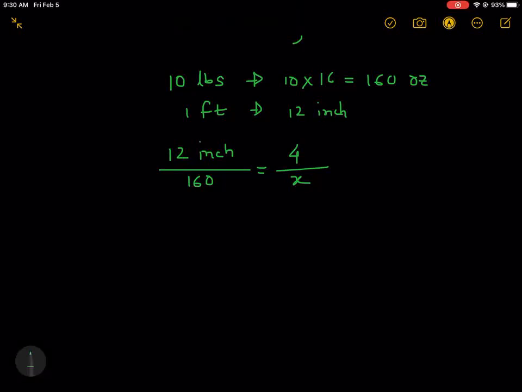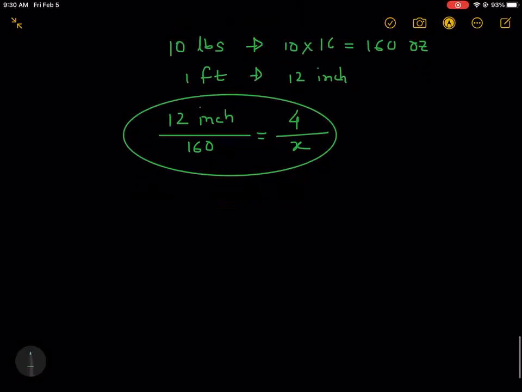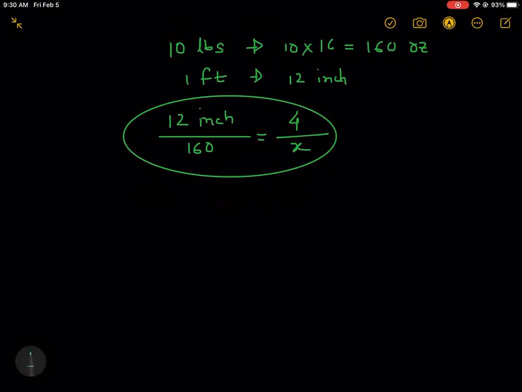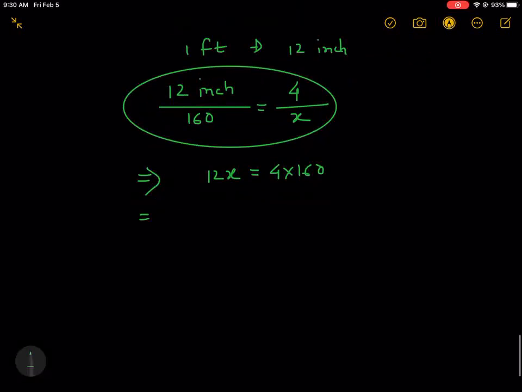So once again, this is the most important part, to set up the equation properly. We have taken the ratio of length and weight on both sides, of course. If I solve it, I'll have 12x equals 4 times 160. I'll keep it like this because I'll cancel those in the next step.